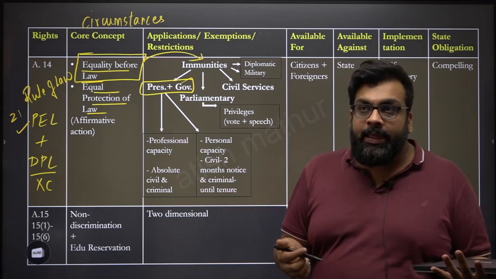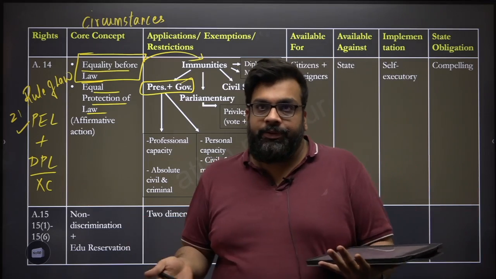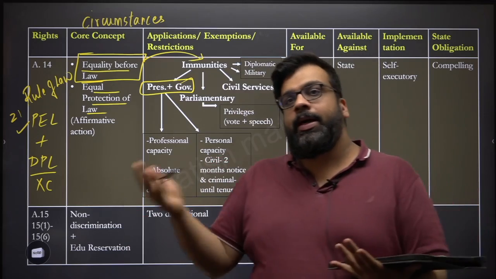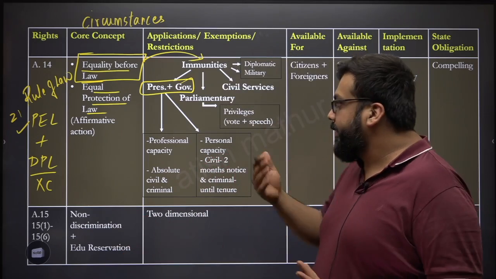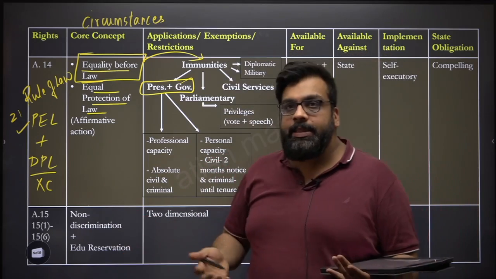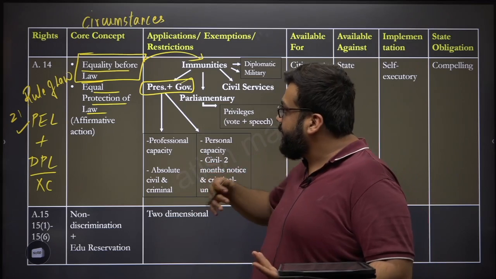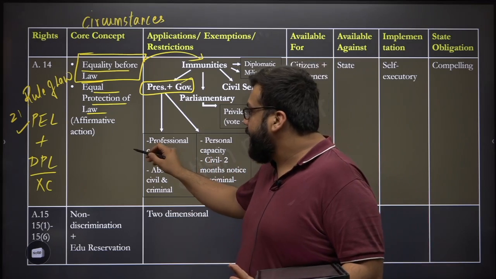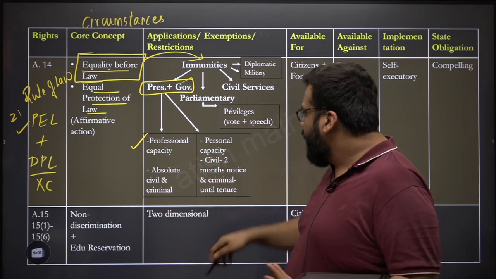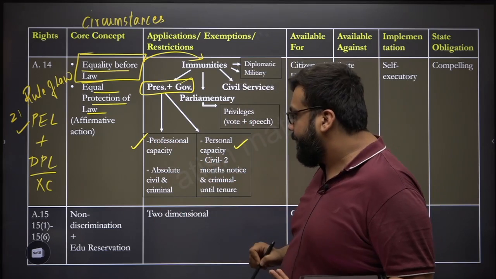And as we were saying, we all lead two lives. For example, who we are at work and who we are at an individual level. So the question is, do the president and the governor enjoy the same immunity for things done in their professional capacity or for things done in their personal capacity?